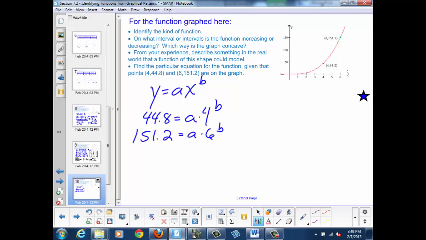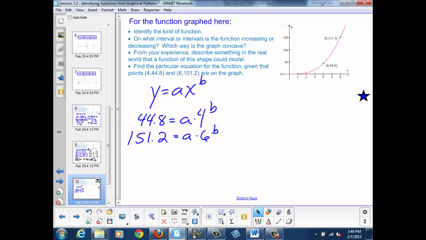If I choose to use elimination, I can accomplish that by dividing one of these equations by the other, and our a values will cancel out in the division process. I'm going to divide 151.2 equals a times 6 to the b by my first equation, 44.8 equals a times 4 to the b.